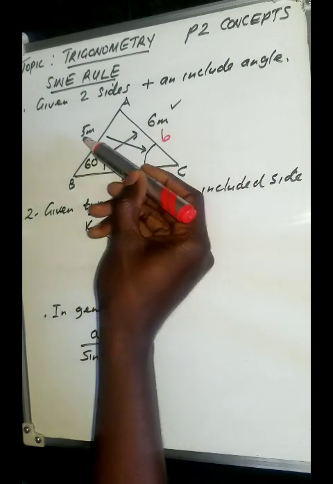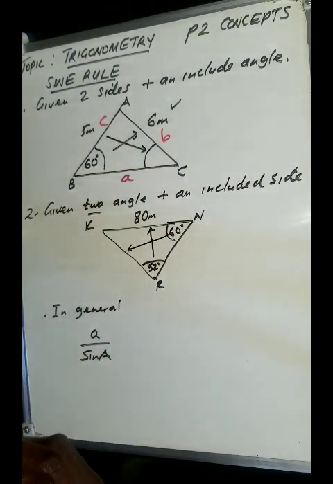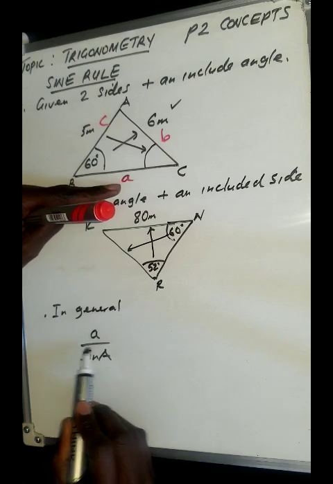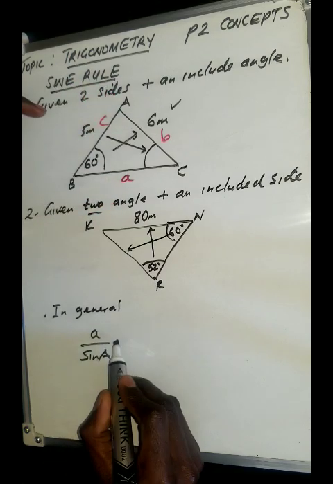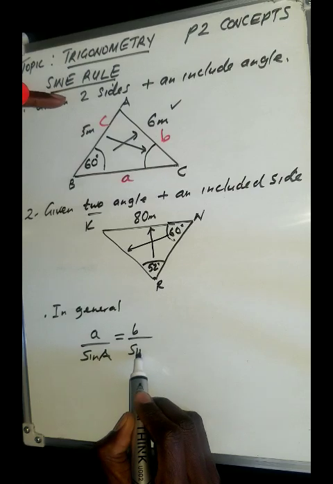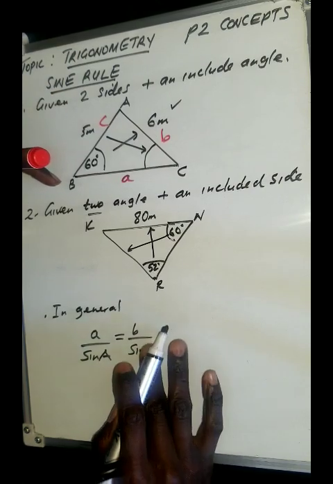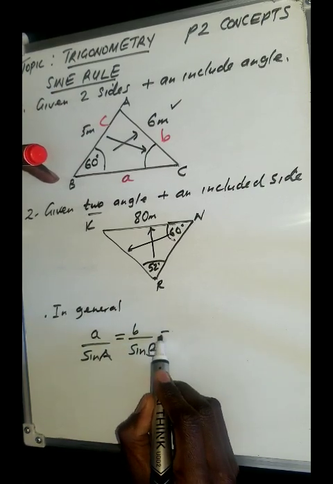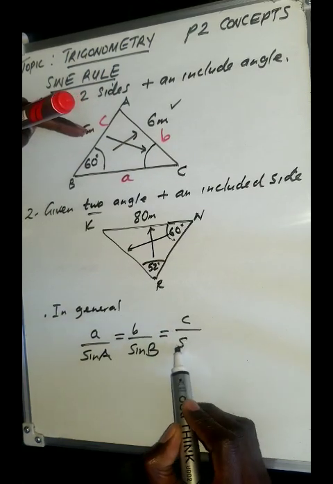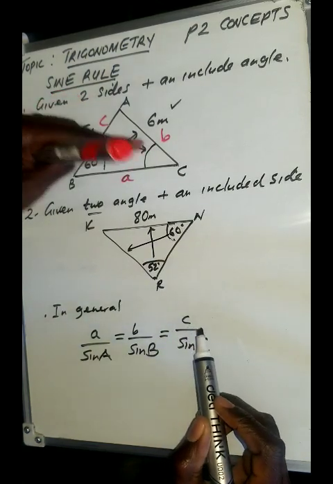And where this angle C is pointing, that will be small letter c. So you can say the small side a divided by sine of angle A should be equal to the small side b divided by sine of angle B, which can be equal to the small side c over sine of this angle C that you have.